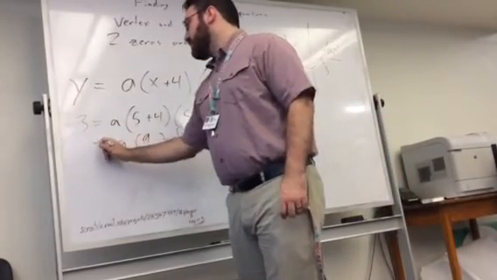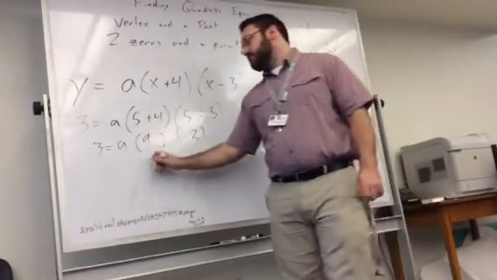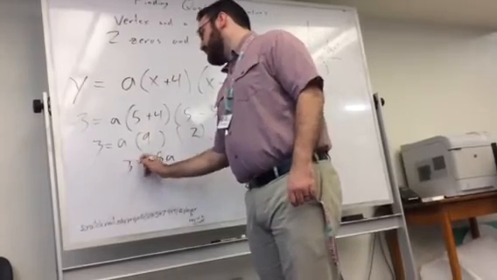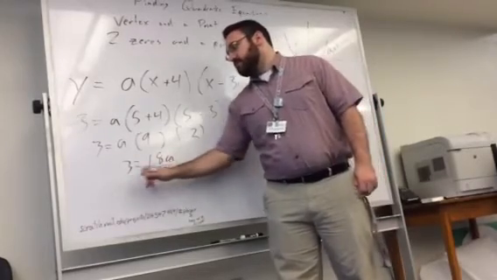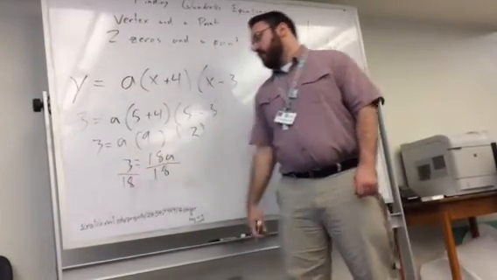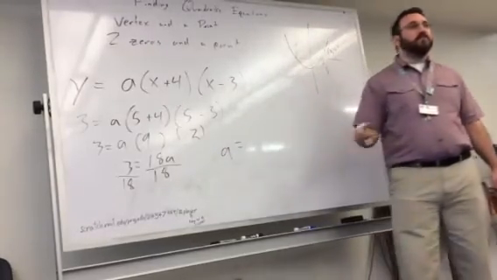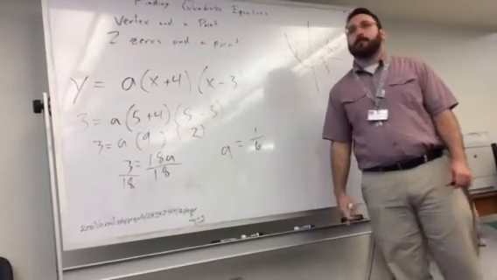And then we've got A, and then 3 equals 9 times 2 is 18. So 18A is equal to 3. Divide each side by 18. And we get that A is equal to 3 over 18, or we can reduce that to 1 over 6.